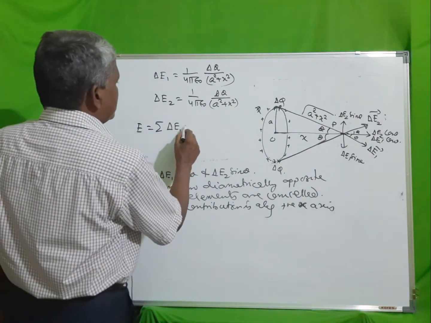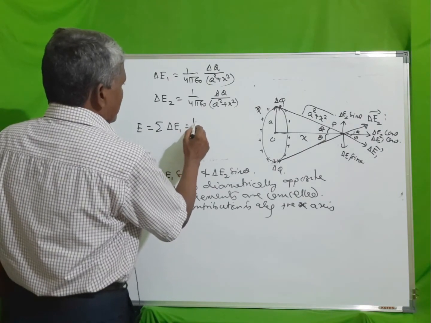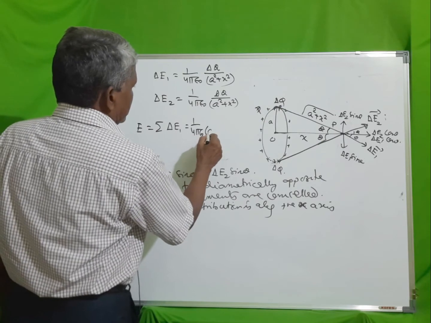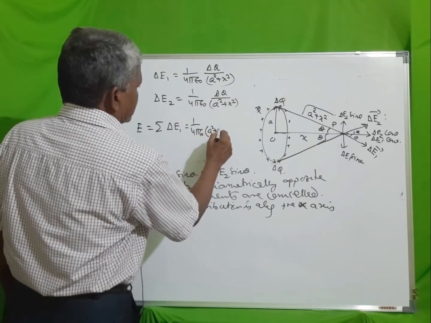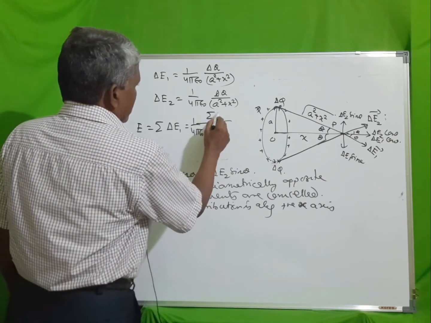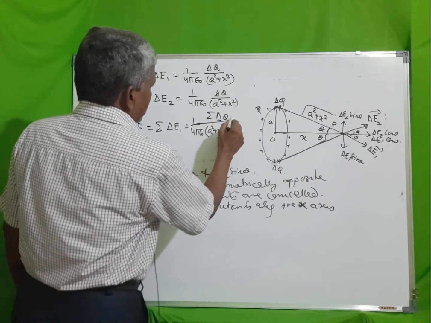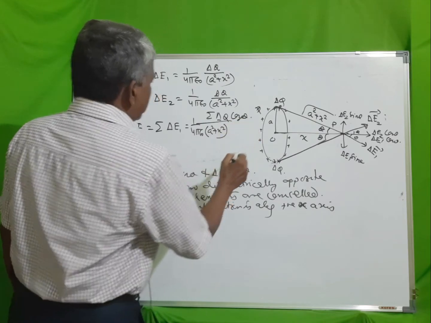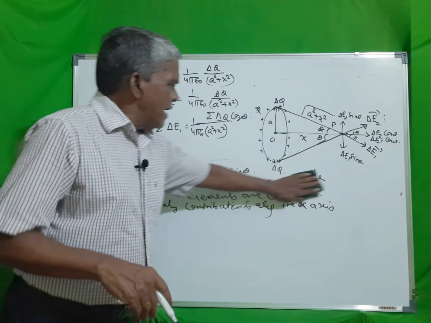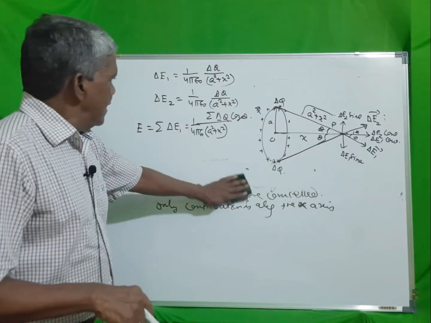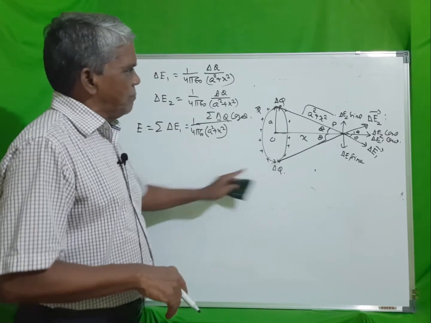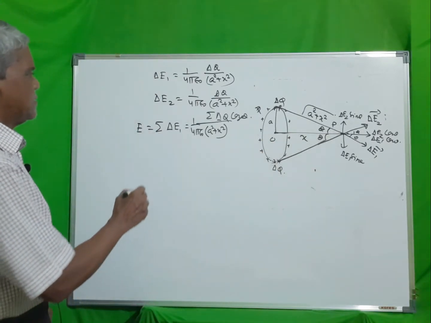This is 1 by 4 pi epsilon 0 (a square plus x square) sigma delta q cos theta, since it is due to x components. Hence, we take the addition of only the x component, delta E cos theta.